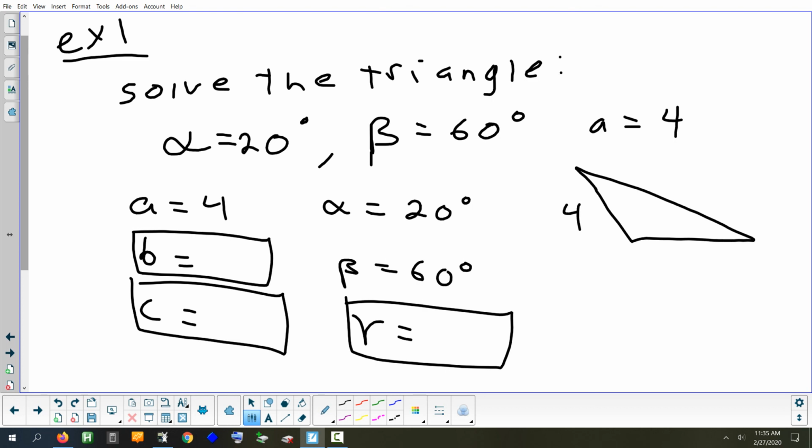So we've got A across from alpha, B across from beta, C across from gamma. And actually we know beta, sorry, beta is 60. What kind of triangle is that if you wanted to describe it with the 3 letters?